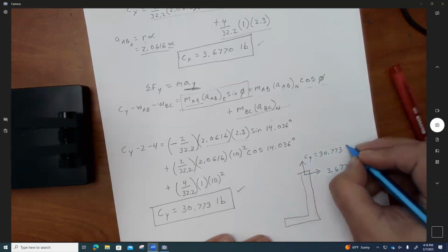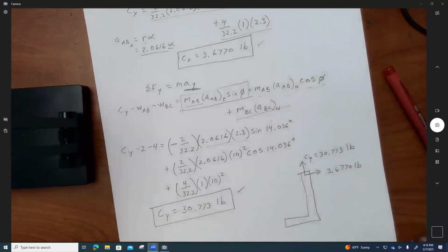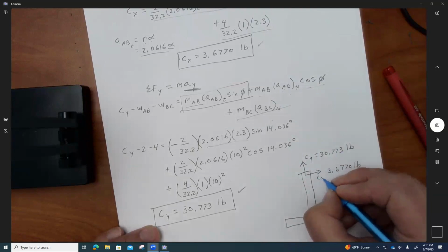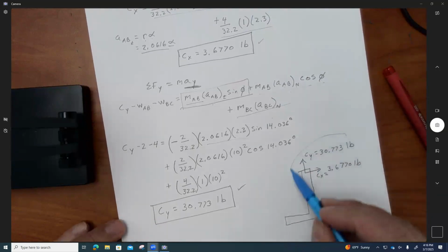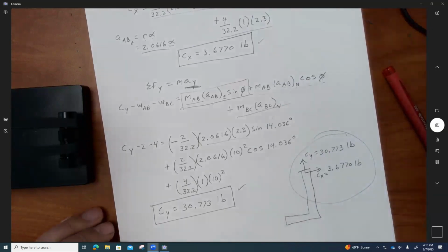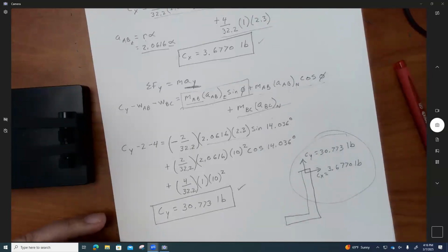And both of those are in units of pounds. All right, so that would be our answer for this problem.